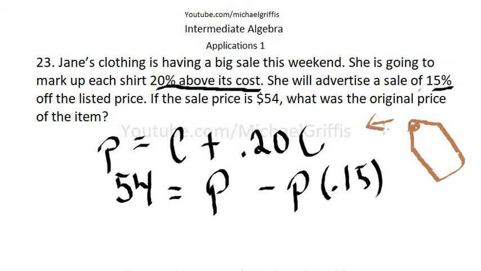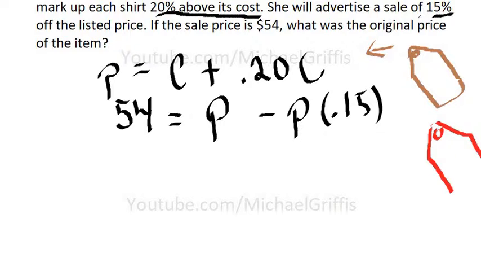Okay, this is our P. Now this tag, we'll call it the red sale tag. What this tag is reading, which goes along with this equation, is $54.